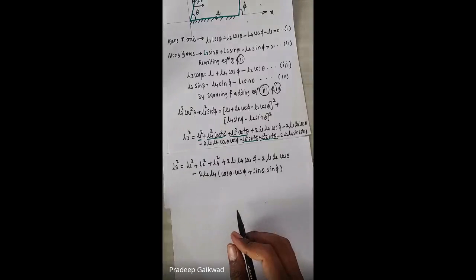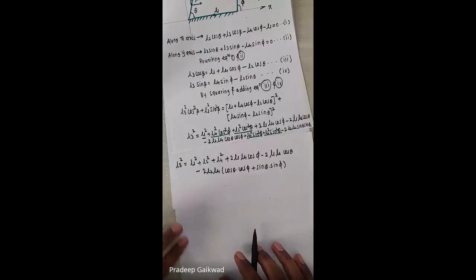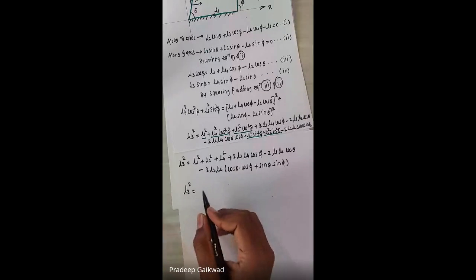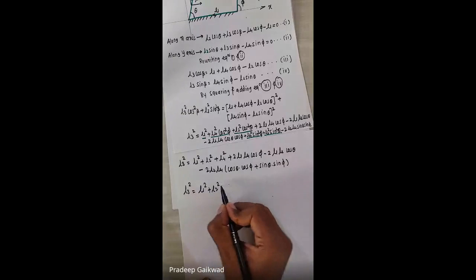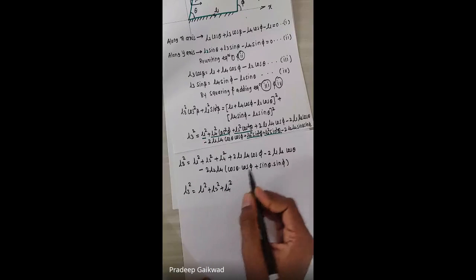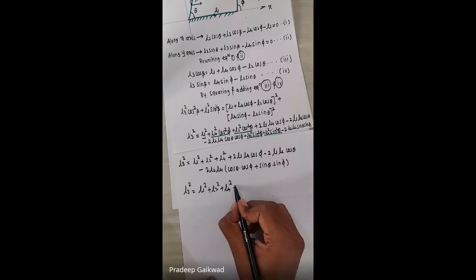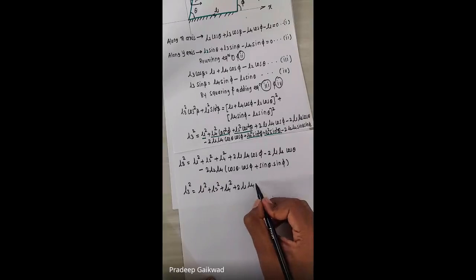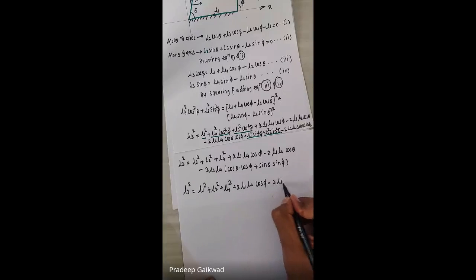Now, further simplification. So I can write it as L3 square is equal to L1 square plus L2 square plus L4 square. These terms as they are. So plus twice L1 L4 cos phi minus twice L1 L2 cos theta.